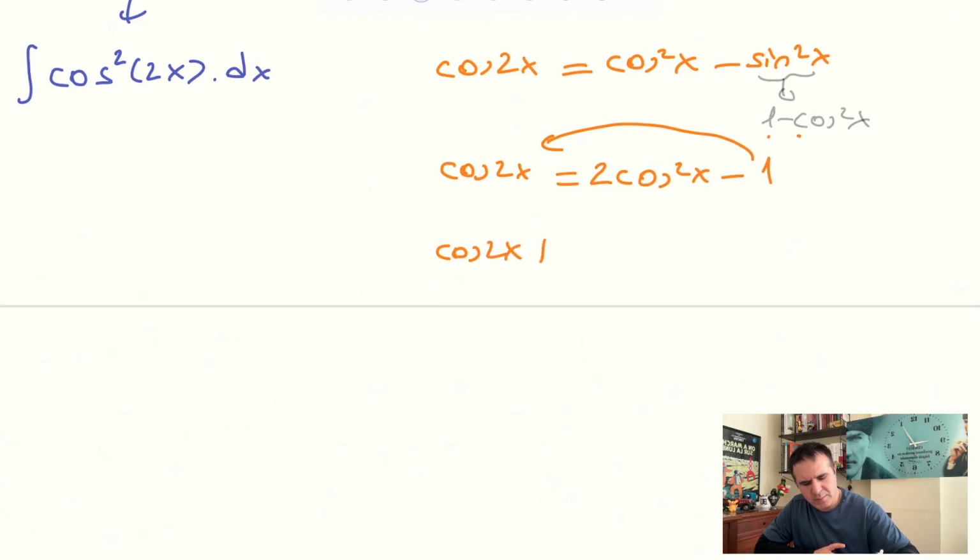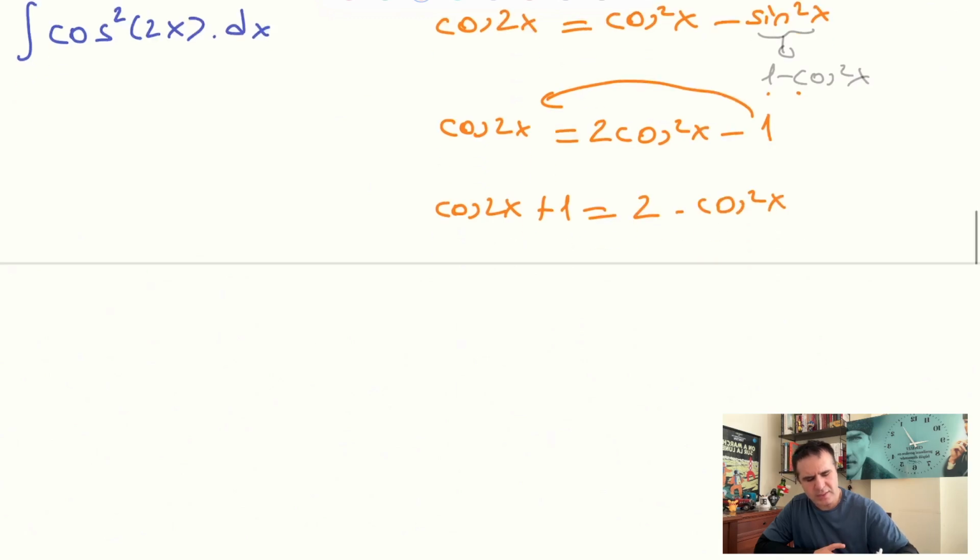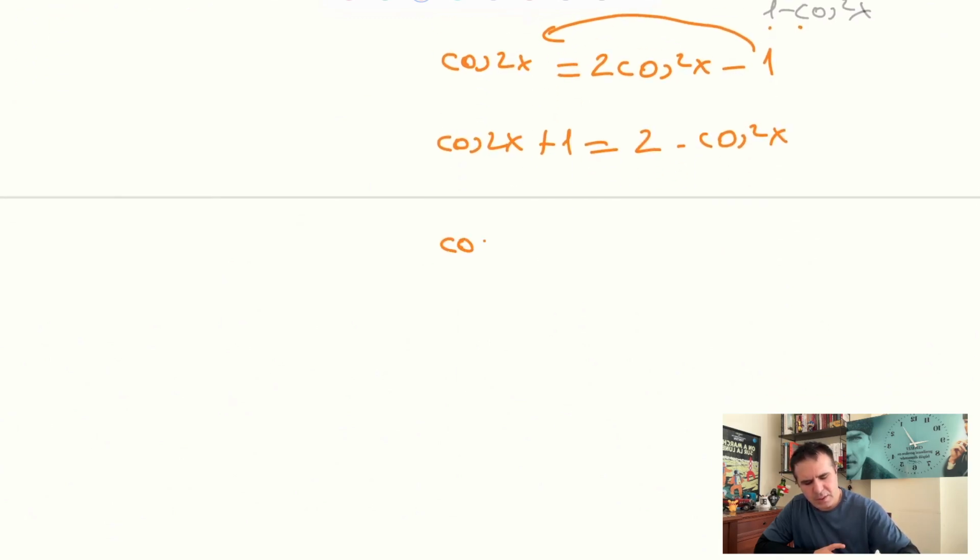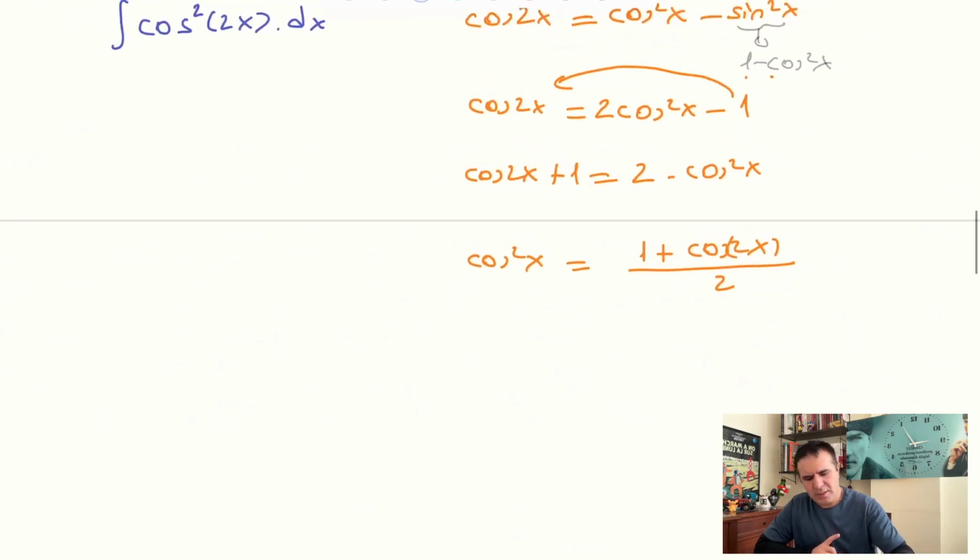Take this one here: cosine 2x plus 1 equals 2 times cosine square of x. Then divide both sides by 2. Then cosine square of x will be equal to (1 plus cosine 2x) over 2. But we need to find cosine square of 2x.